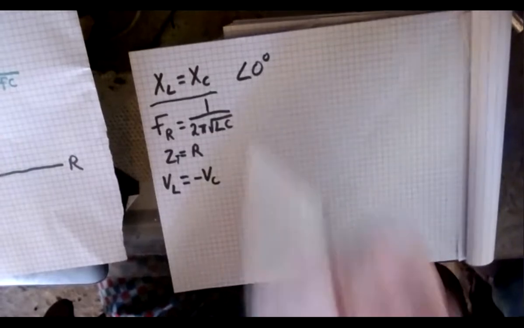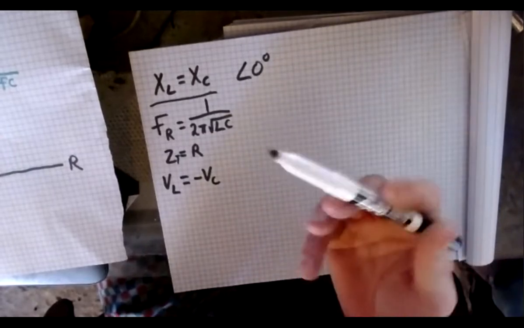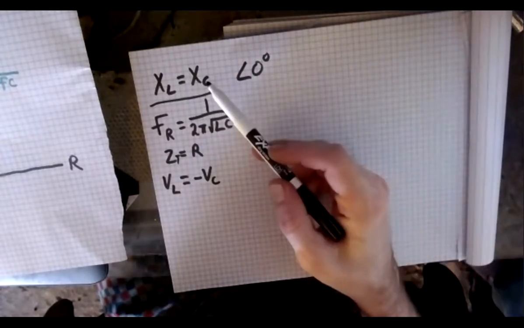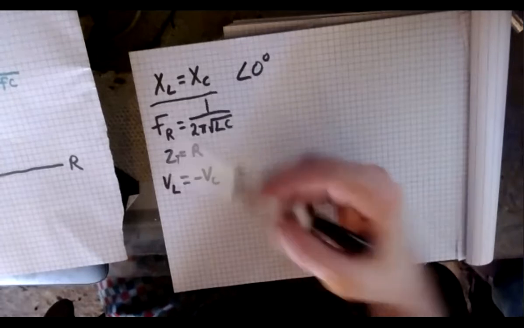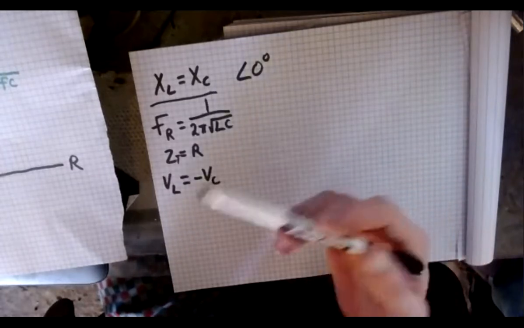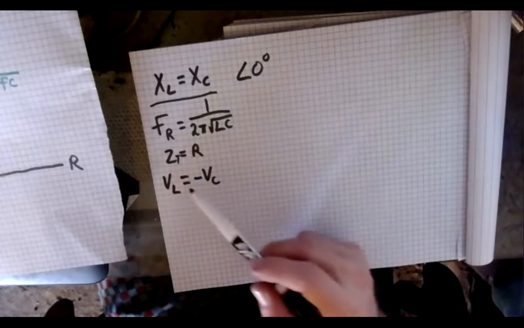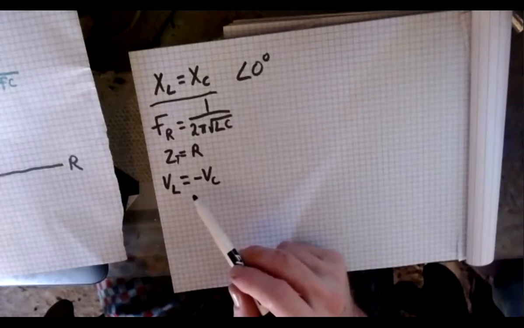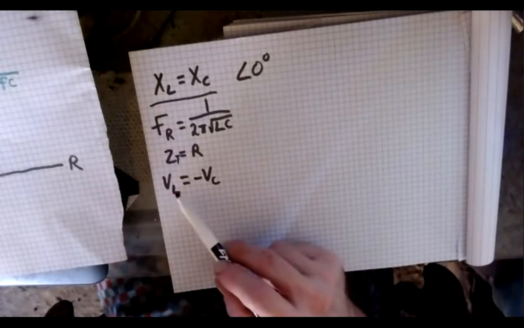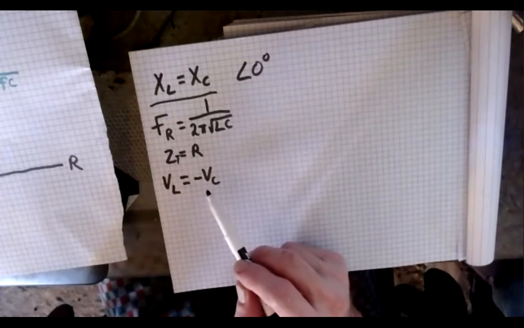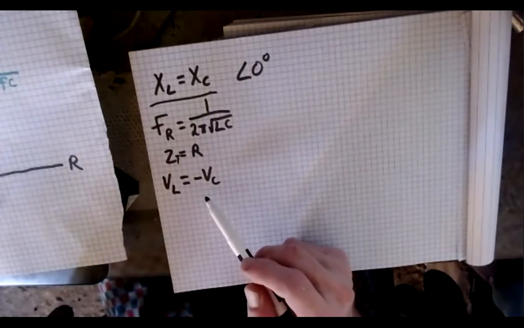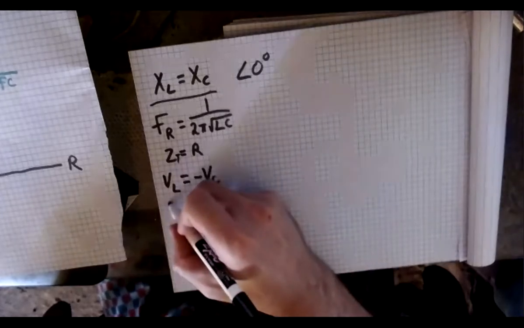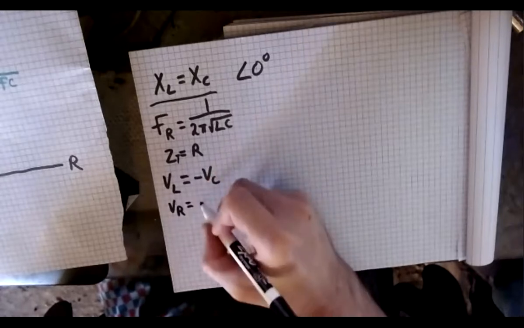And I have a series circuit, so my voltage drops are going to be different from component to component. But I have set these two components to be exactly the same, so the voltage drop across both of them is going to be exactly the same. So from a Kirchhoff's voltage law point of view, we can state this. My voltage on the inductor is going to be equal to the voltage across the capacitor. So this way they cancel each other out. So now I can make this statement.